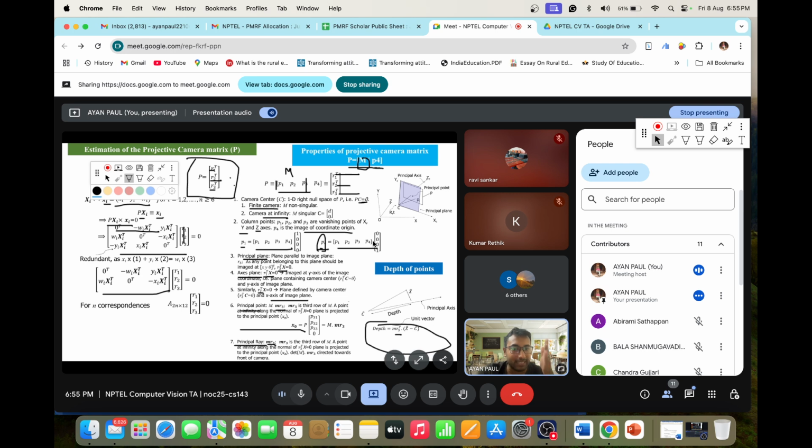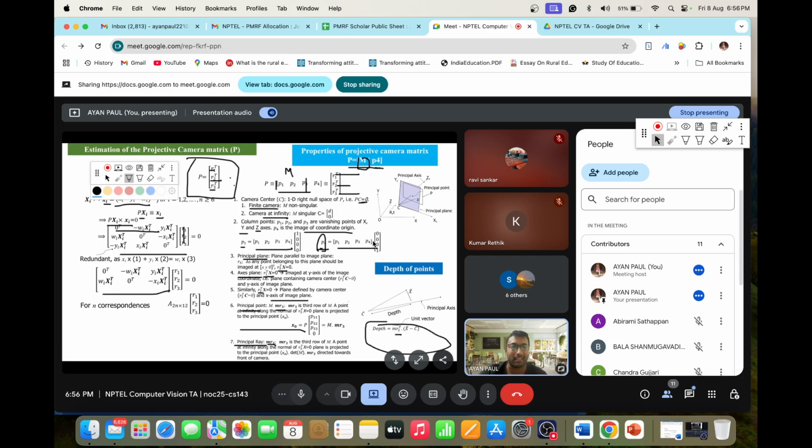If we concatenate the first three columns, we get the M matrix. The third row of the M matrix is MR3, and that is nothing but your principal point. If I take the direction of it, I can get the direction of your principal ray.